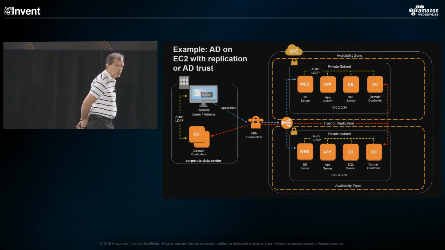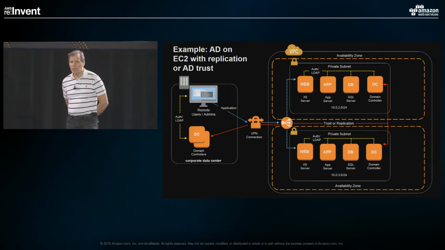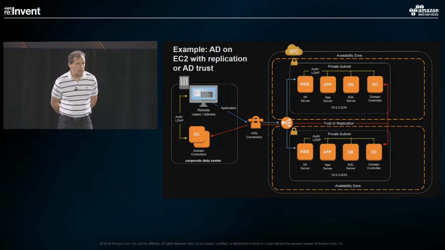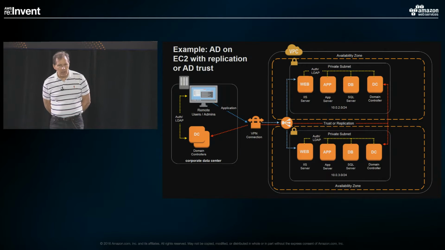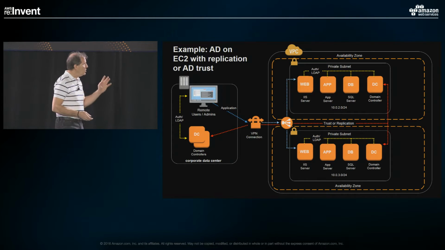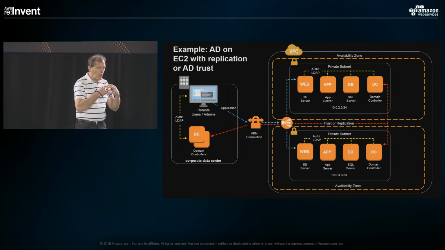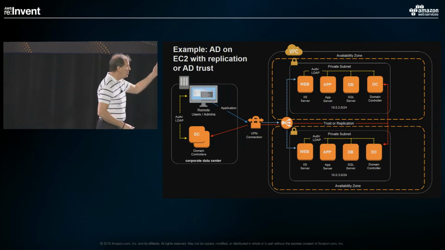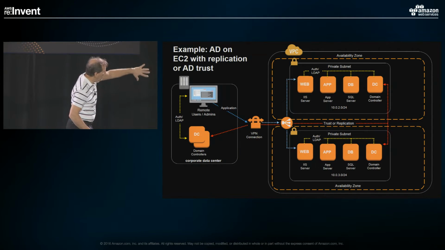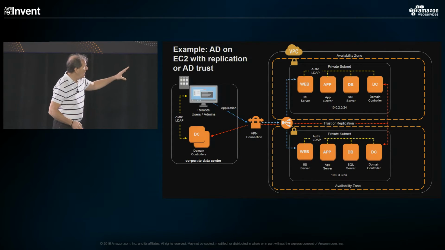The next option is that you could stand up Active Directory on EC2 Windows instances in the cloud that you set up. And that could be done as a standalone environment. I'm not showing the standalone environment here, but you could just stand that up in the cloud, put your applications up in there. If everything was going to be web-based applications that you wanted your users to have access to with no corporate network, you could do that, and the whole area on the left just changes out to be some workstations or laptops that are coming in, and that would work.